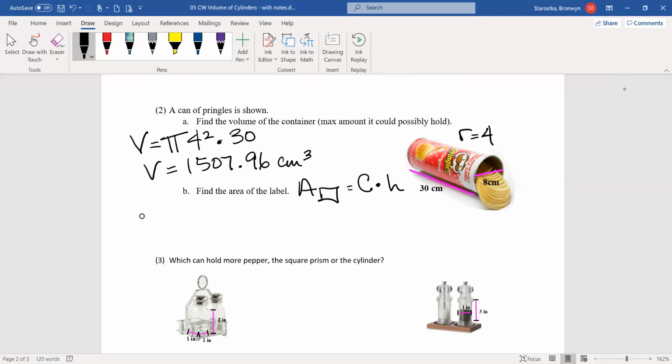So the circumference is 2 pi r, 2 pi, radius of 4, and the height is 30. When we plug that in, we should get 753 square centimeters.